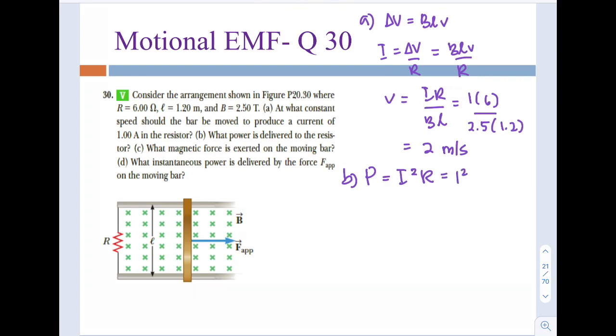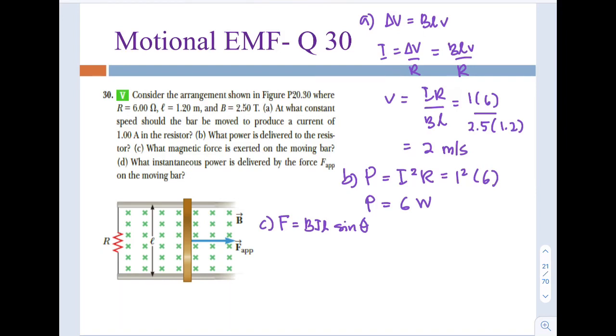So I square R, 6 ohm, so you have 6 watt of power. How about C? What magnetic force is exerted on the moving bar? So C, magnetic force F. F here is BIL sin theta.